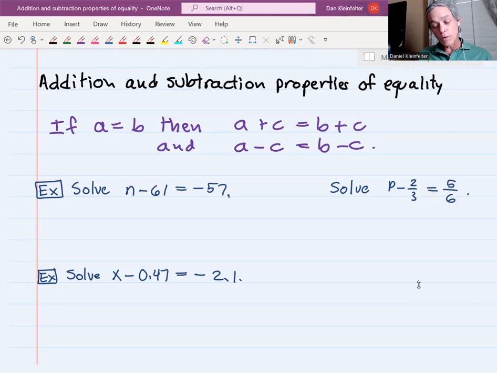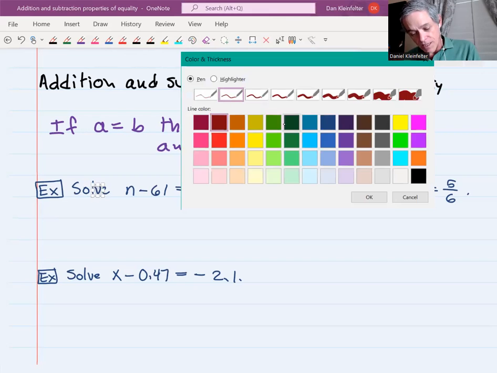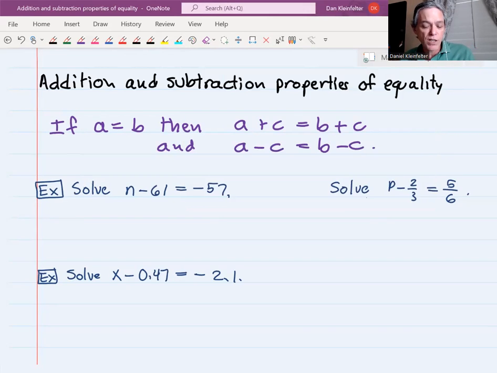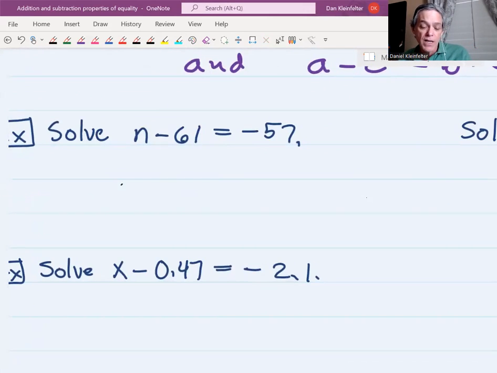Let's try to use this principle to help us solve a couple of little equations. First of all, this one, which says n minus 61 equals negative 57. So some number n has had 61 subtracted from it, and that has left us with negative 57. What we're going to do is take that equation and add 61 to both sides.